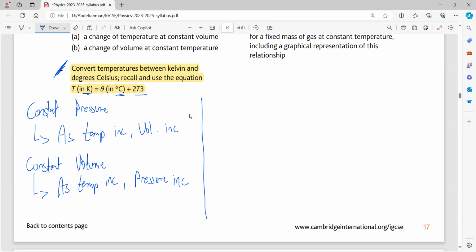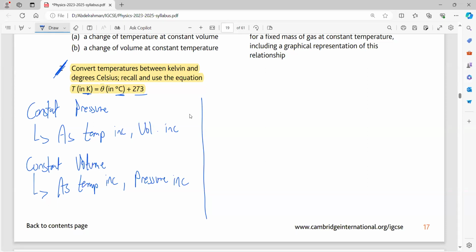Shabab, you have to memorize and remember that as the temperature increases, the kinetic energy of the molecules increases.